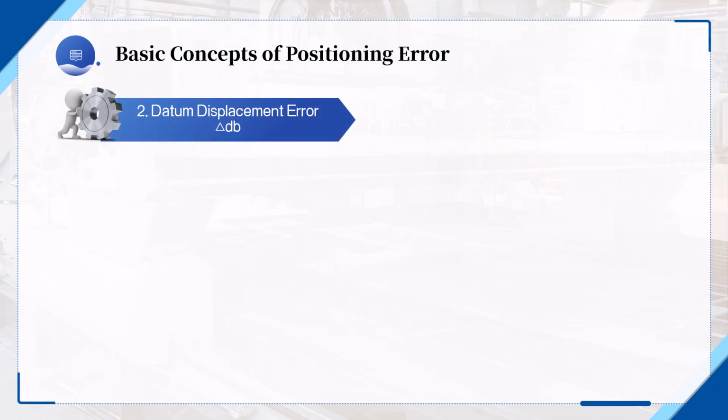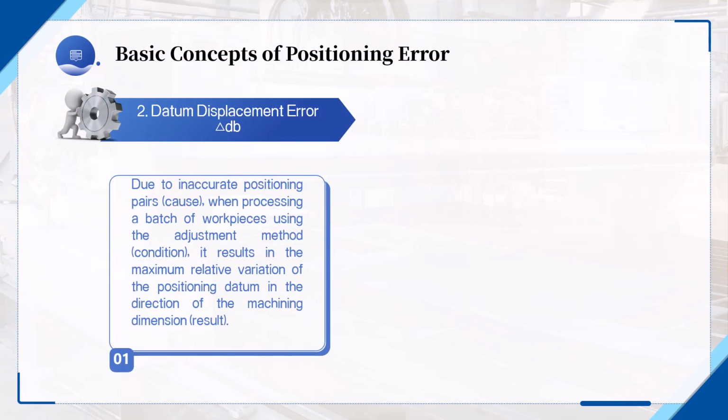Datum displacement error, ΔY. This is the maximum relative variation in the positioning datum in the direction of the machining dimension, caused by inaccuracies in the positioning pair, when using the adjustment method to machine a batch of workpieces.